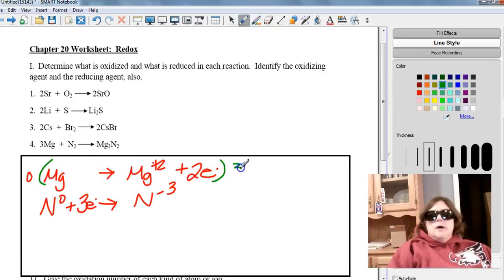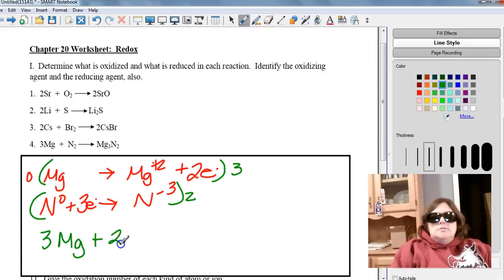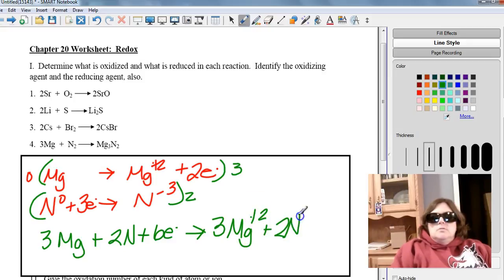And we need to multiply both, the magnesiums by 3 and the nitrogens by 2. That would give us 3 magnesiums plus 2 nitrogens plus 6 electrons produces 3 magnesiums plus 2 nitrogens plus 6 electrons.